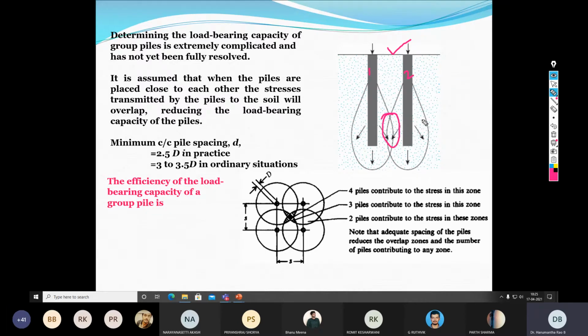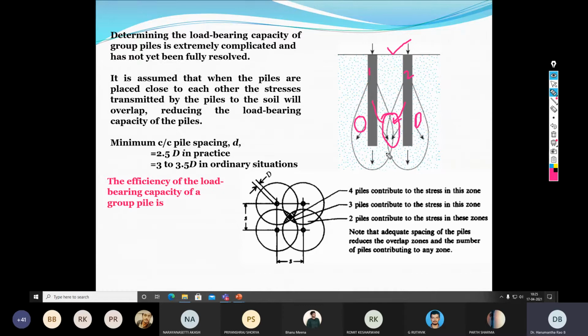The meaning of this is, here in this area the soil is experiencing load only from pile number 2. Similarly here, this soil is experiencing the load coming from pile number 1. Wherever there is an overlap, it indicates that this small volume of the soil experiences the load coming from both pile 1 and pile 2.